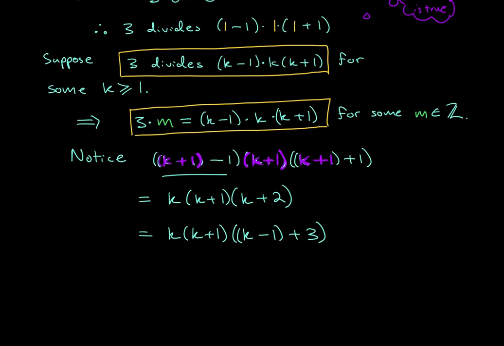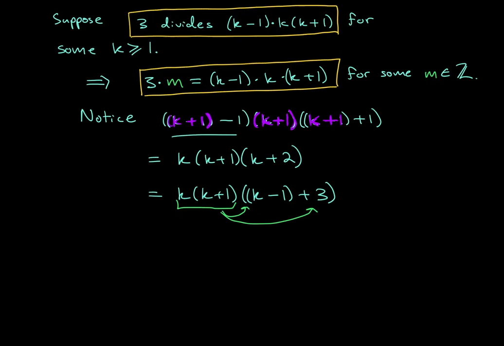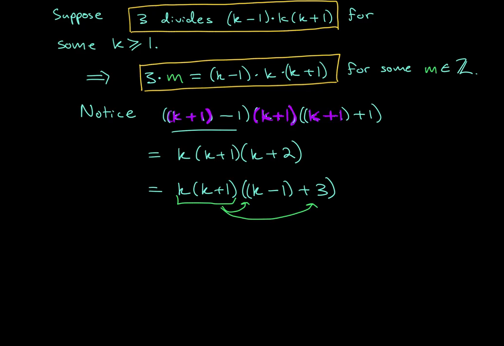I can use the distributive property. I can bundle this up, distribute it to this k plus 1, then also distribute it to this 3. So this is going to equal k minus 1 times k plus 1 plus 3 times k plus 1. So again, all I just did was grab this character right here, distribute it to the k minus 1, and distribute it to the 3.